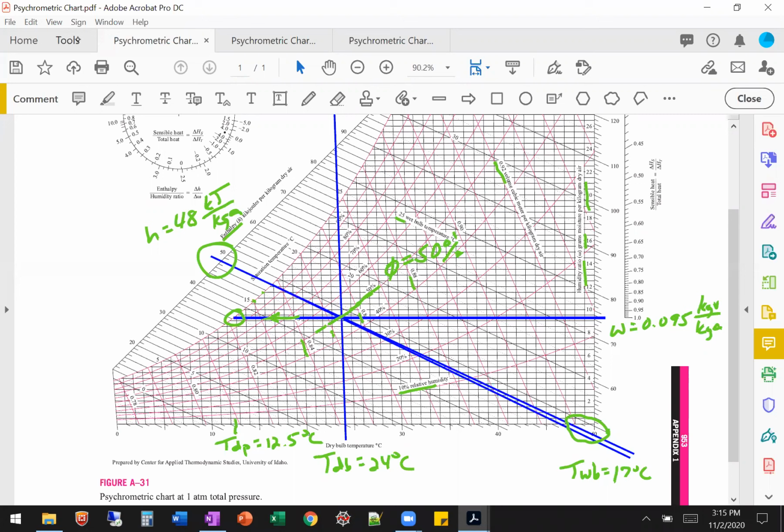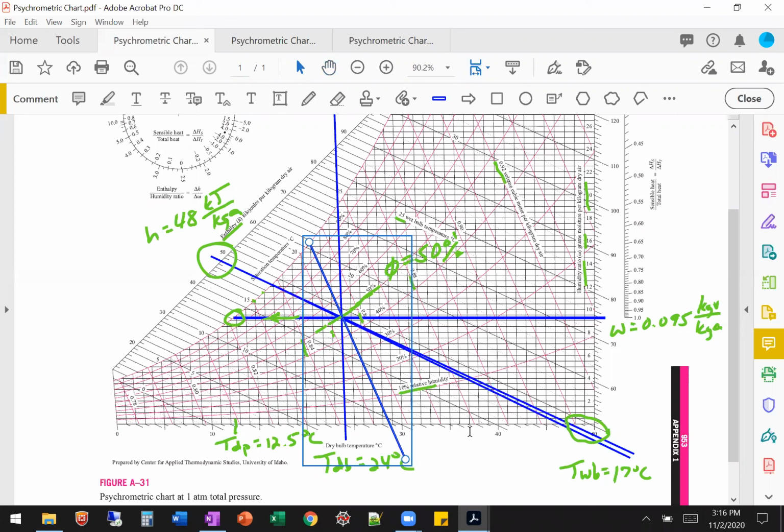And our line, let's do it. If we draw a slope line through it, it's something like that, somewhere in there. It's tough to get our point now, but that's where we are.